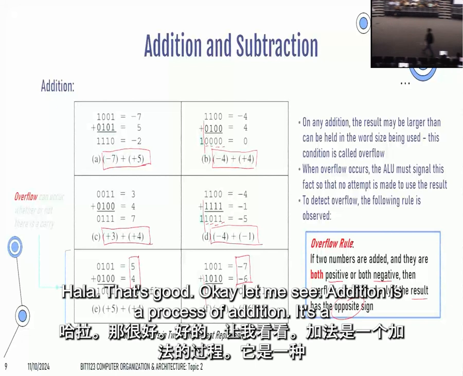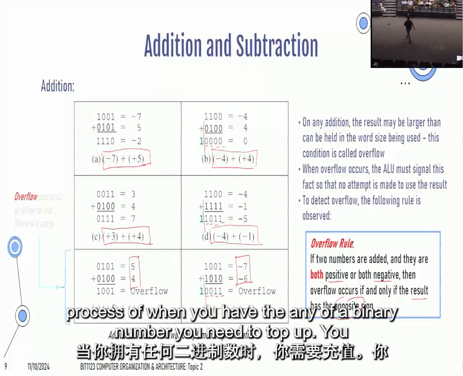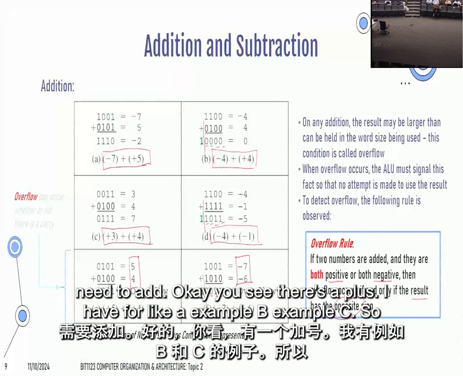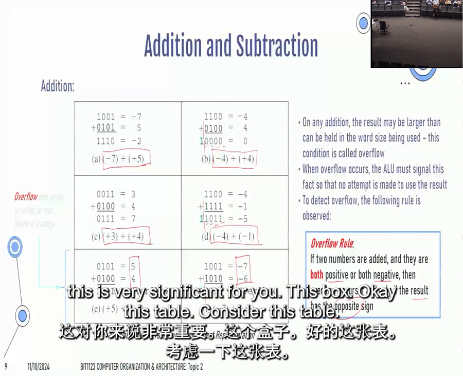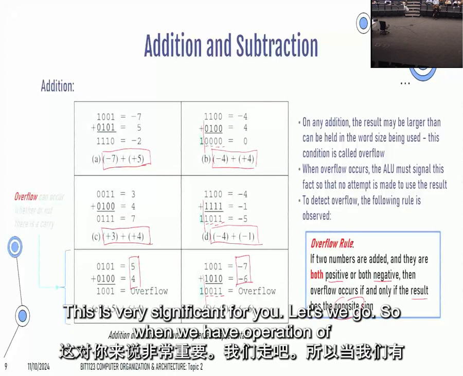Addition is a process of, when you have any binary numbers, you need to top up. You need to add. Okay, you see there's a plus. I have example A, example B, example C. So this is very significant for you, this box. Okay, consider this table. This is very significant for you. Let's go.